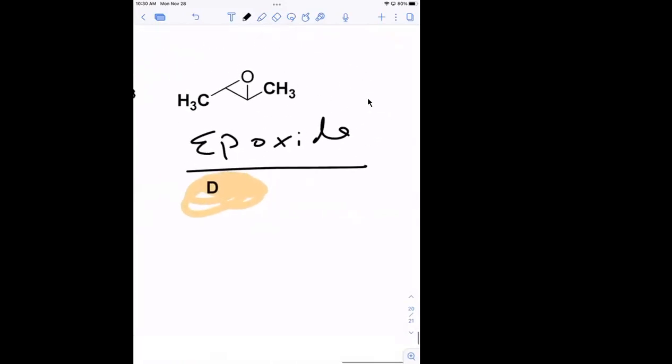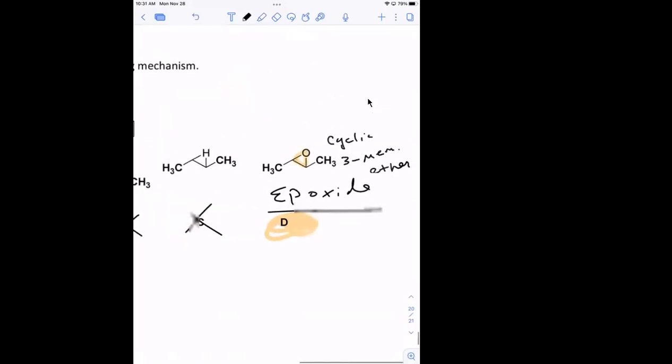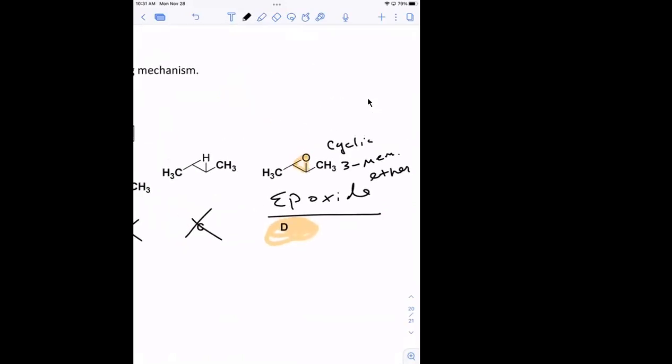So again, epoxide is a cyclic ether. Cyclic 3-membered ether. It's just like a cyclopropane, but instead of carbon at the bridge, there's an oxygen there.